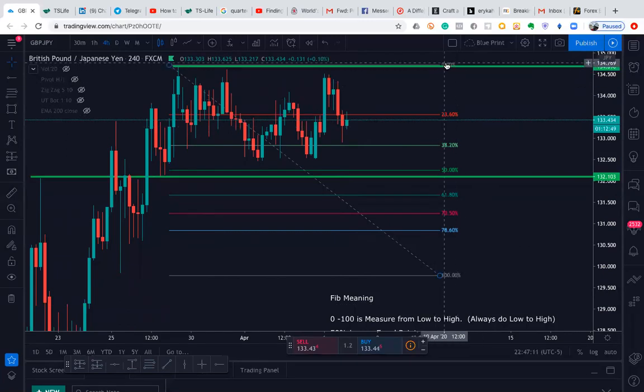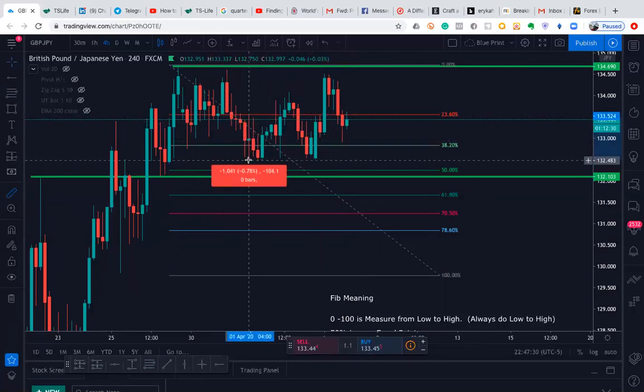I'm sorry, and then also the 0%. So price gets here, and then now it's bouncing off of the 23. That's an automatic sale. It bounces off the 23, bottoms out right there. That's 102 pips.